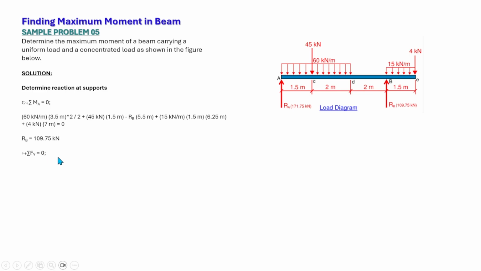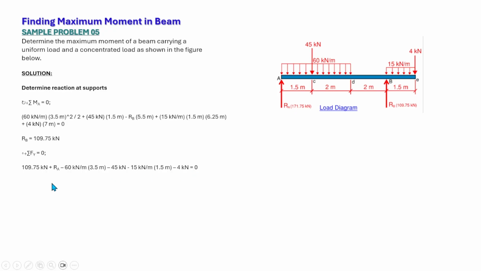Now, to determine the reaction at point A, if we sum up forces, positive upward, equal to 0, we have 109.75 kilonewtons plus RA, positive upward, minus 60 times 3.5, that is due to the uniform load downward, minus 45 kilonewtons downward, minus 15 kilonewtons per meter times 1.5, which is downward, minus the 4 kilonewton concentrated load at the free end, equal to 0.